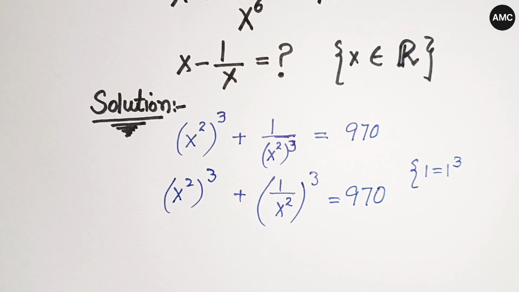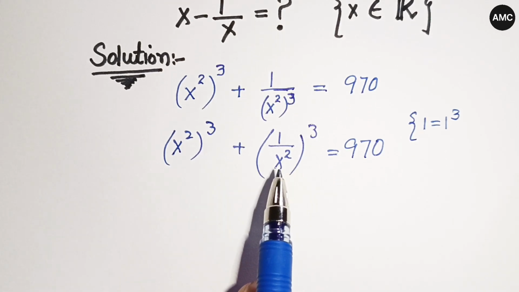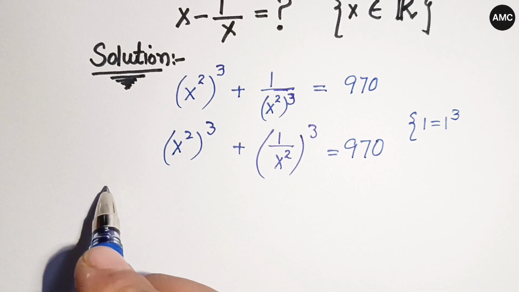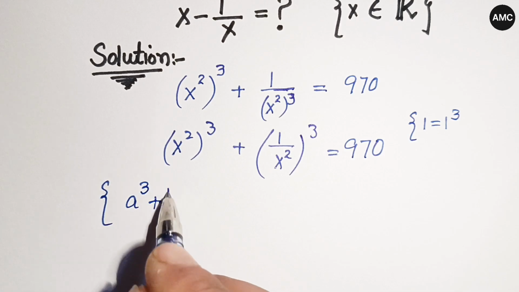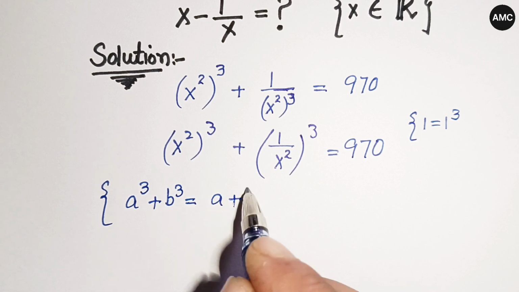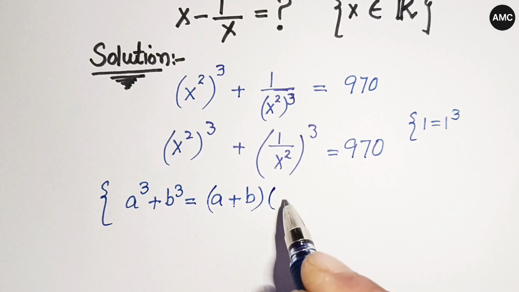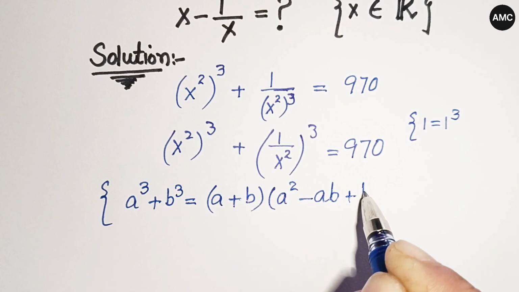Now according to the algebraic identity, we know that a cubed plus b cubed is equal to a plus b times a squared minus a times b plus b squared.